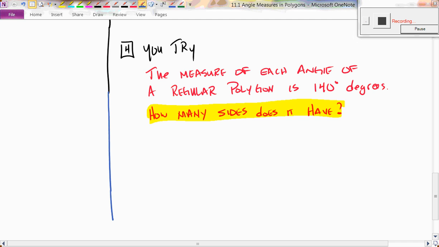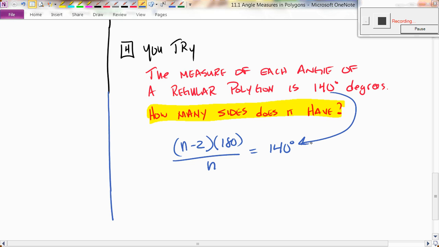Well, the number of sides will be n. So n minus 2 times 180, all divided by n, has to be 140, because each interior measure is 140 and it's regular. So I can use the corollary.